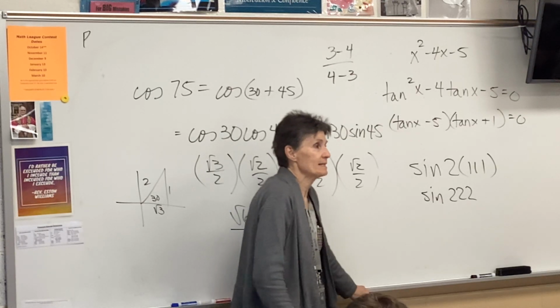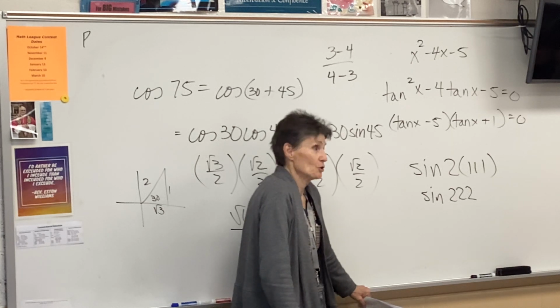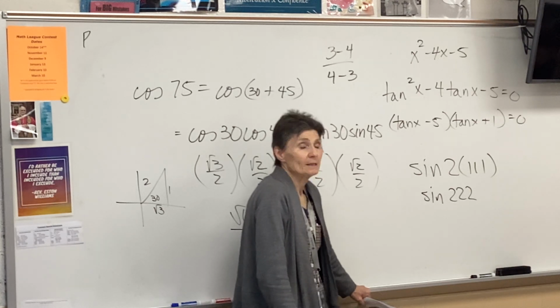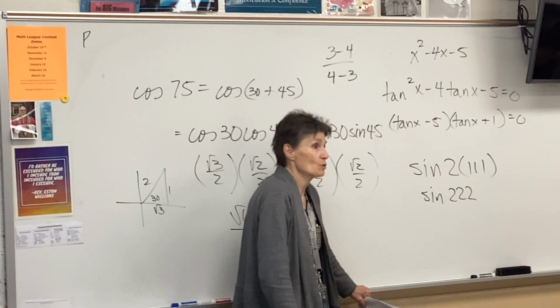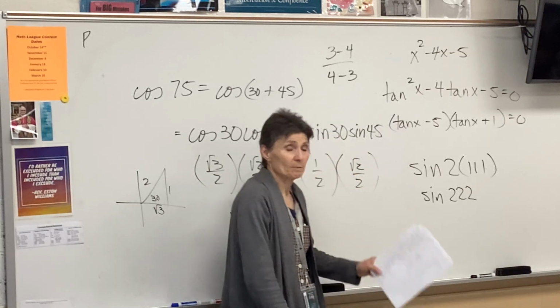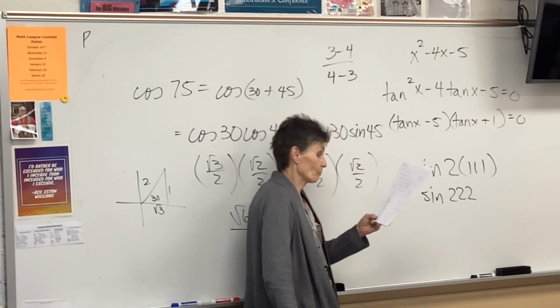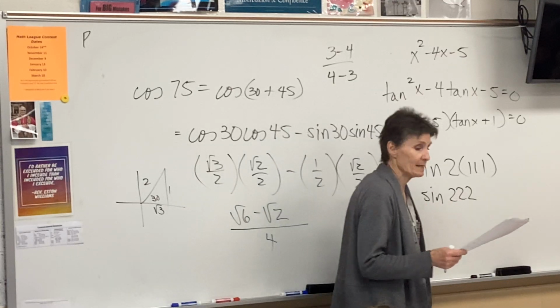E is tricky. What's E? It's really easy, but it catches you off guard. 1. Sine squared plus cosine squared is always 1. So E is 1. Okay, so Sydney, like problem 4B.